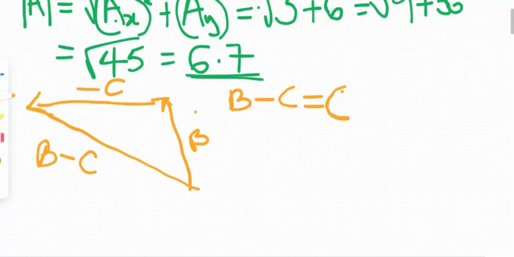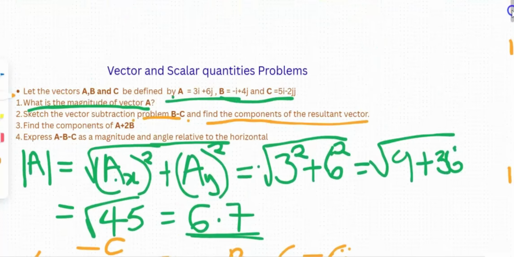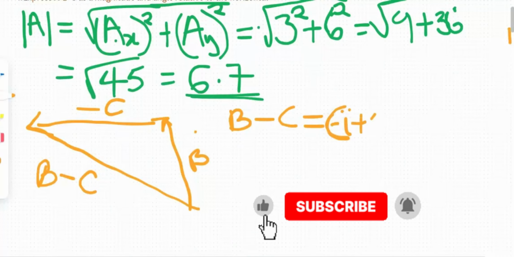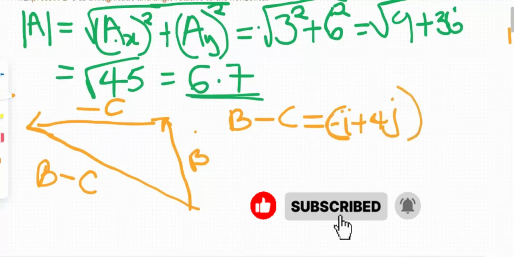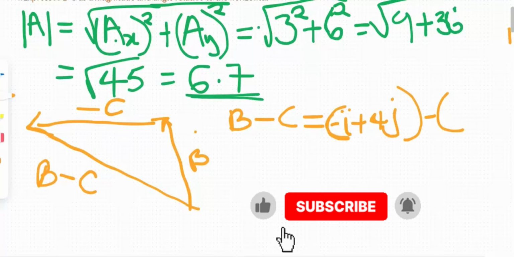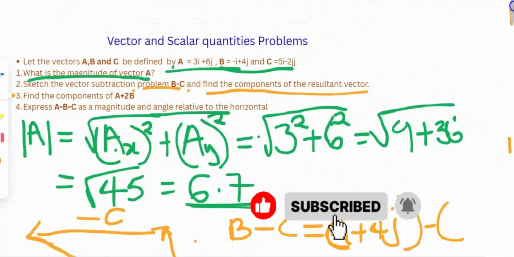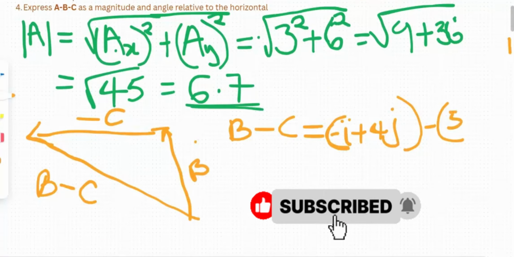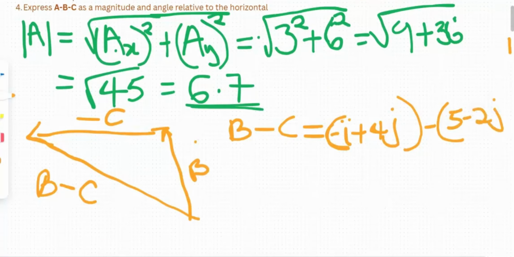We have B is minus i plus 4j, and C is 5i minus 2j.